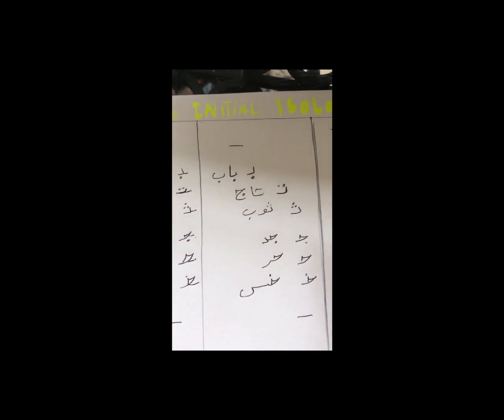We start with alif with hamza, and as you know, it doesn't have initial and medial forms. You remember from the previous lesson, alif, dal, dhal, re, zain, and waw don't have any medial and initial letters.